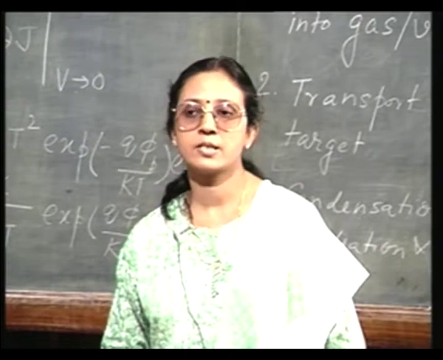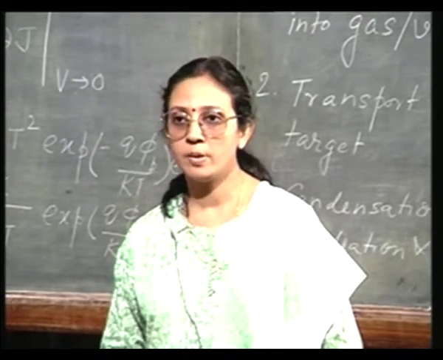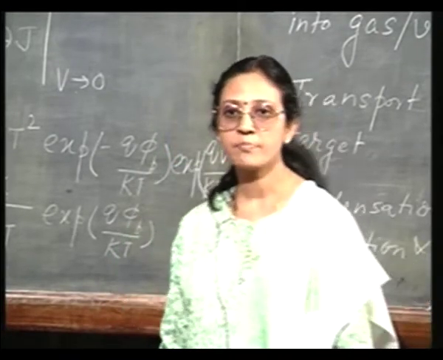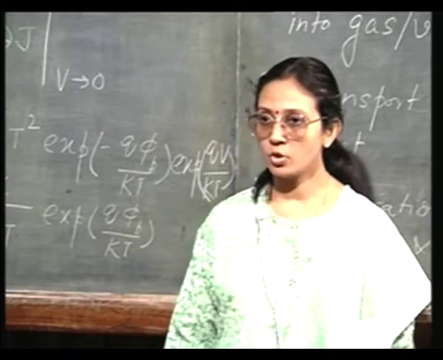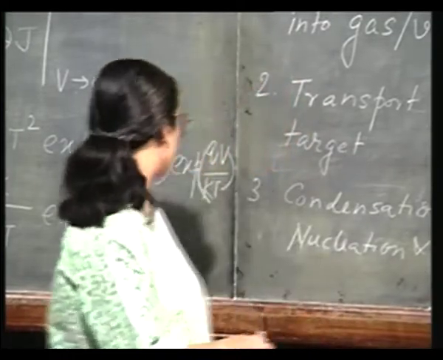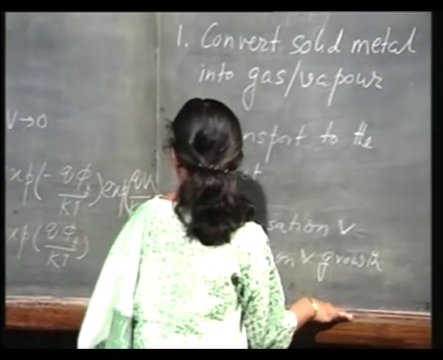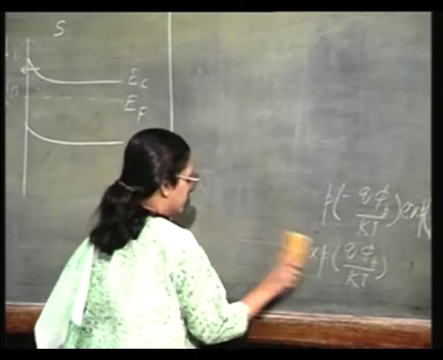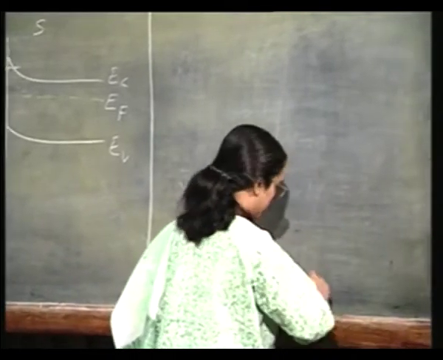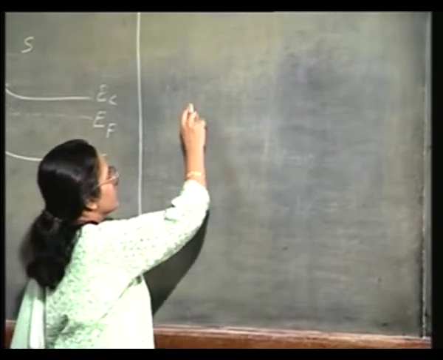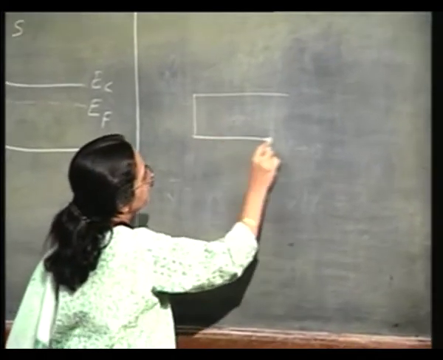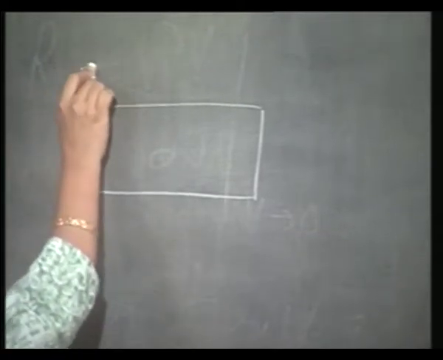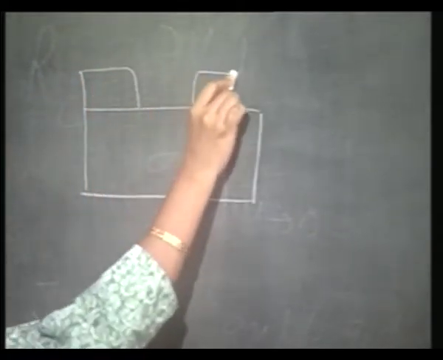sophisticated techniques, like for example, lift off of metal. If you remember, we once mentioned the lift off technique, in which you have an underlying photoresist layer and you put the metal on top. In case of a lift off, what happens is something like this. You have a substrate, and you protect certain regions with photoresist.